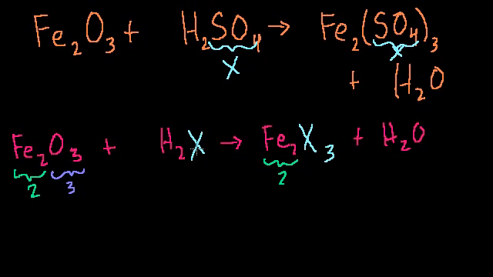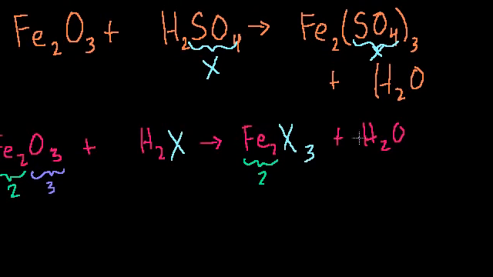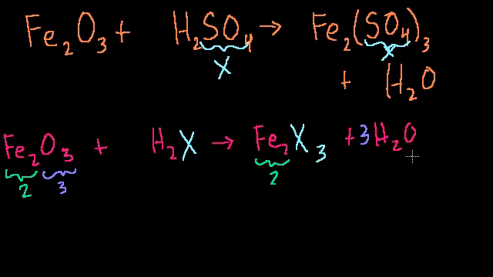Remember, there were some oxygens in this X group, but the sulfate group stayed together, so we can treat those separately. So if we want 3 oxygens on the right-hand side as well, let's stick a 3 here. Sometimes my pen tool malfunctions. So now we have 3 oxygens as well.